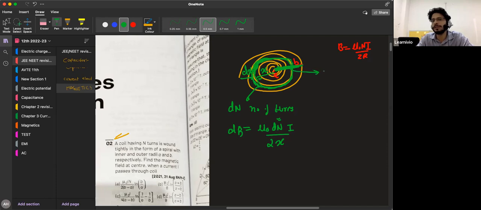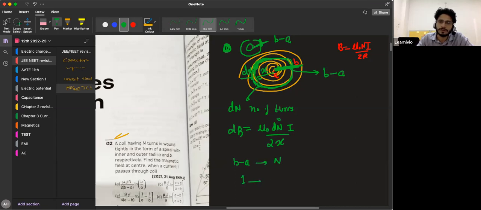So the total thickness in which the spiral exists is the outer radius minus the inner radius, b minus a. It's closely spaced, starting from the inner turn and ending at the outer one. So in b minus a length, you have N turns.